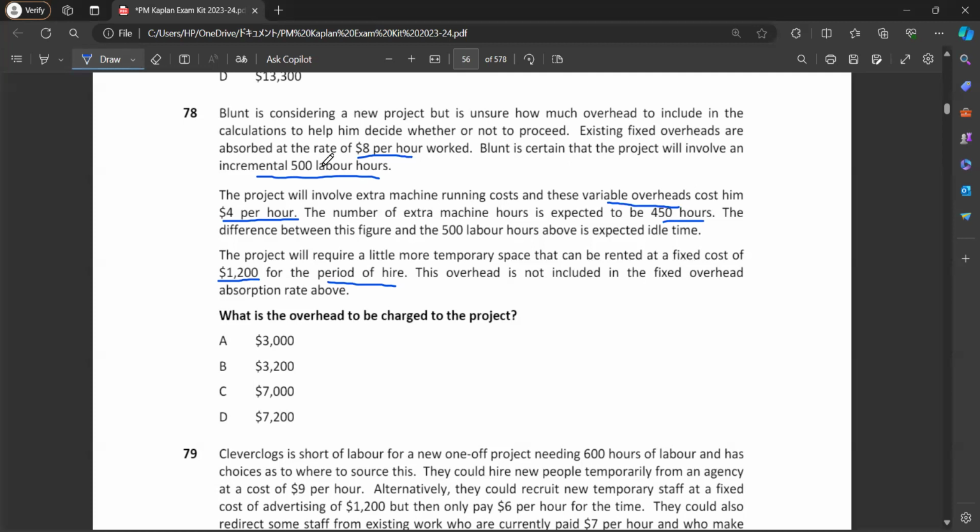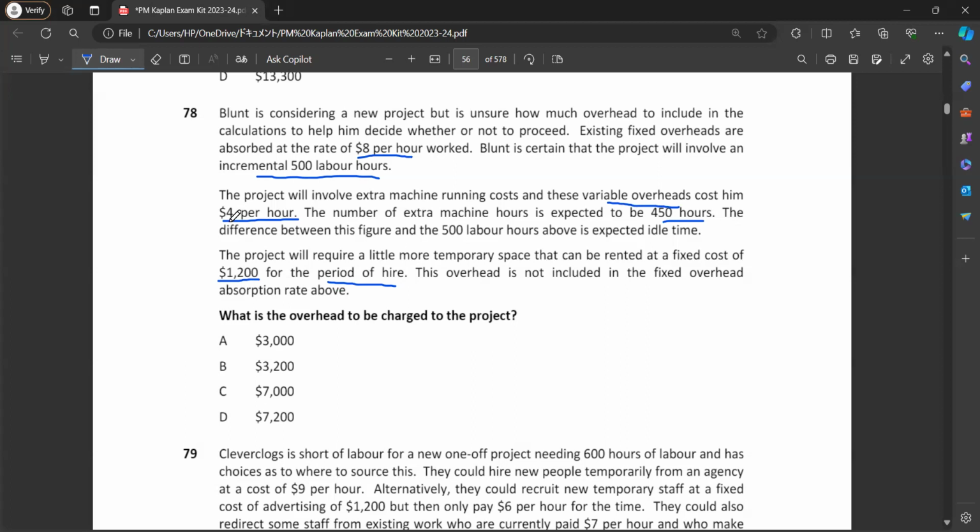But they would be paying only for 450 hours. The number of extra machine hours is expected to be only 450 hours, not 500 hours. The difference between 450 and 500 is 50, that is idle time. So if variable cost will be spent on the number of hours that are worked, we would have it as 450 into 4. That's one piece of information.